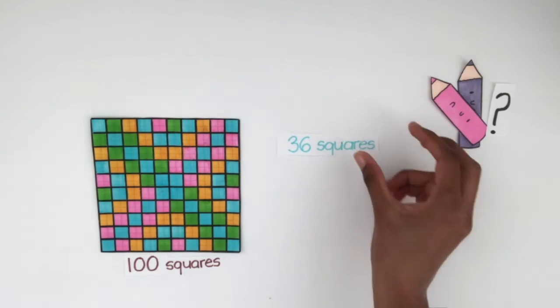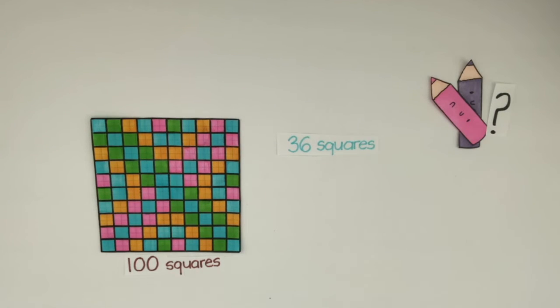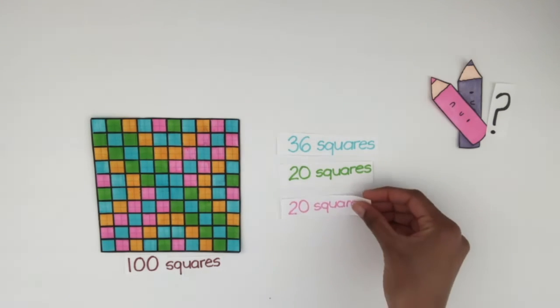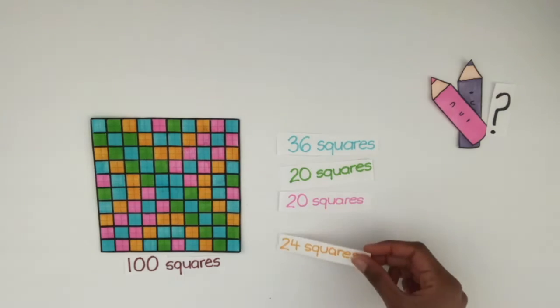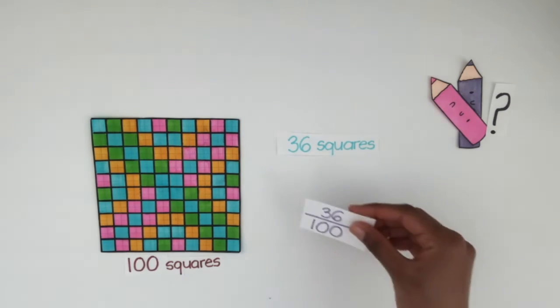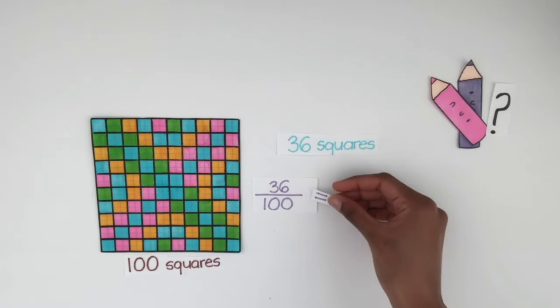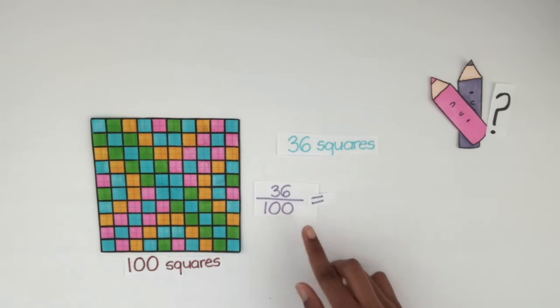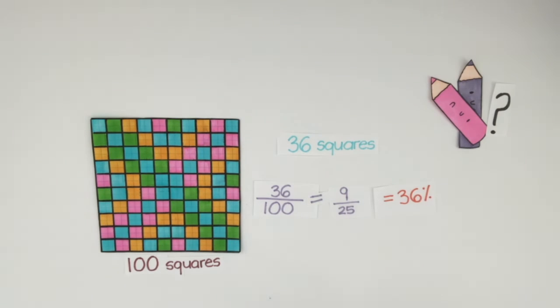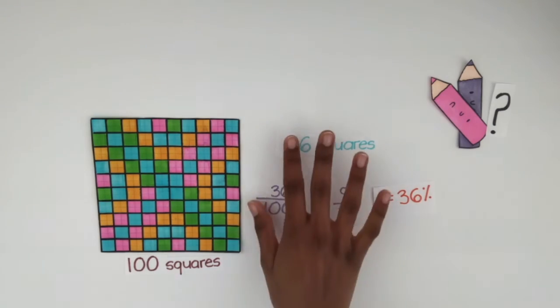For me, I have 36 squares of blue, 20 squares of green, 20 squares of pink, and 24 squares of yellow. So for blue, my fraction is 36 over 100, which equals 9 over 25, which is also equal to 36%. The color blue takes up 36% of my board.